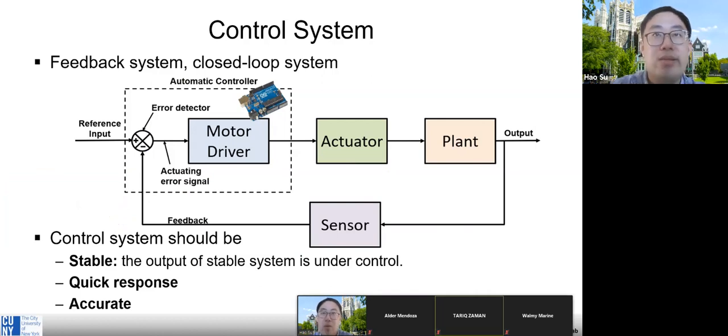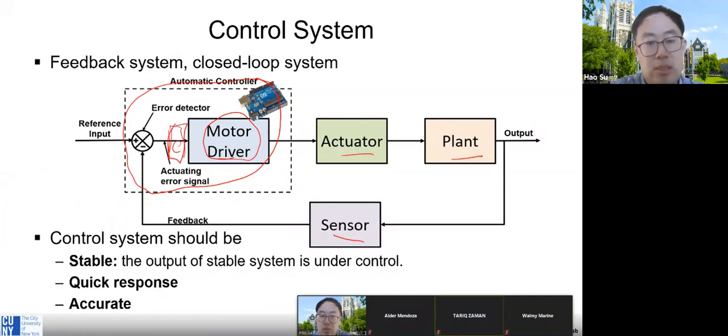If we look at this generic model, we talk about the plant, the actuator, the sensor, and the motor driver. This is the hardware, the overall system here. We can define a software controller to command the motor driver and to control the plant.